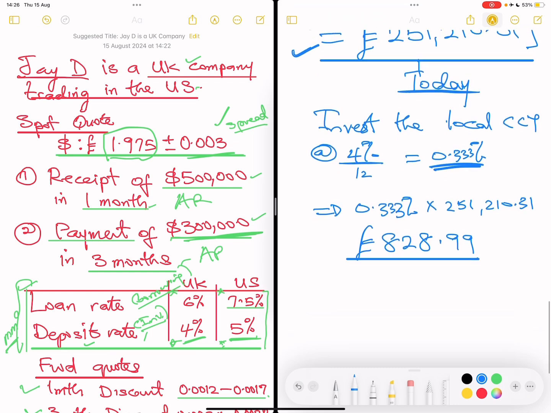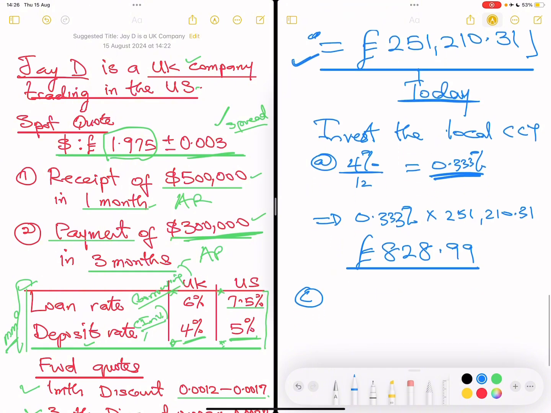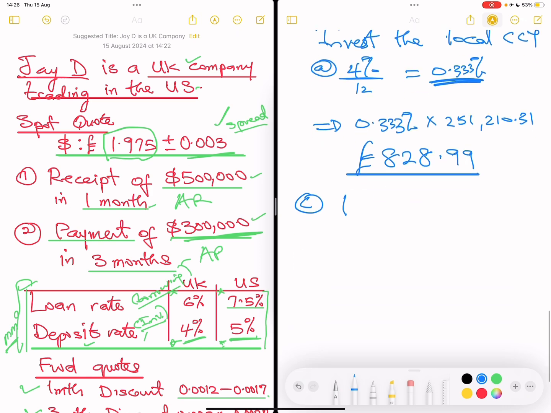So remember, in our step C, we need to accrue the interest on the liability and asset as well. So let's have a table. On the settlement date, you're going to have two assets actually.